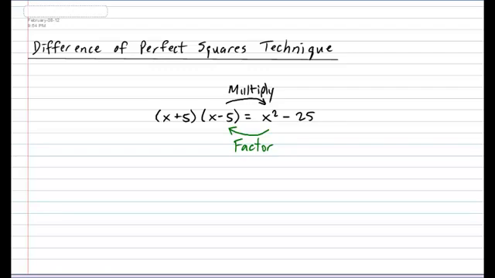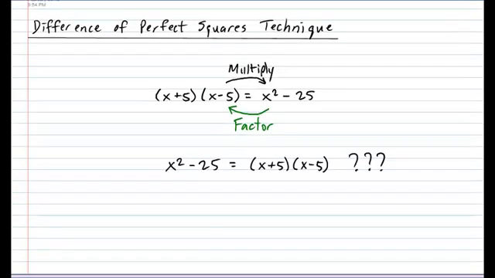But the big question is, how would you have recognized that the x squared minus 25 could be factored into two conjugates, x plus 5 multiplied by x minus 5? Well, let's take a look at the x squared minus 25.